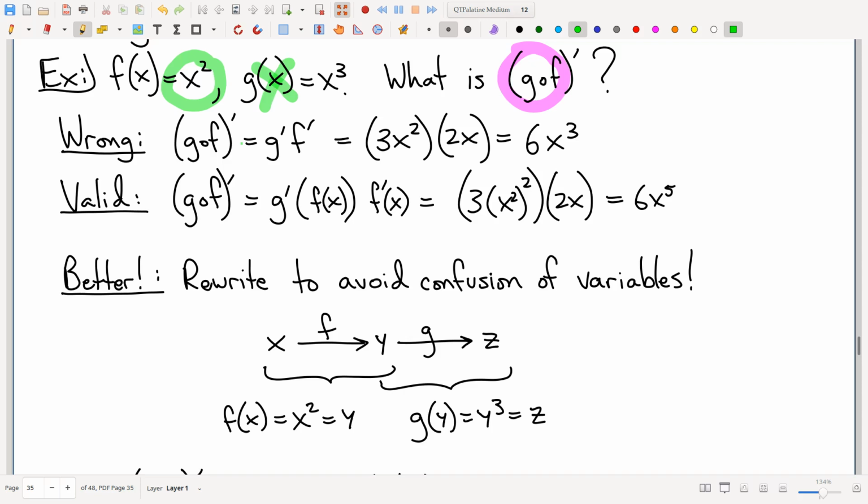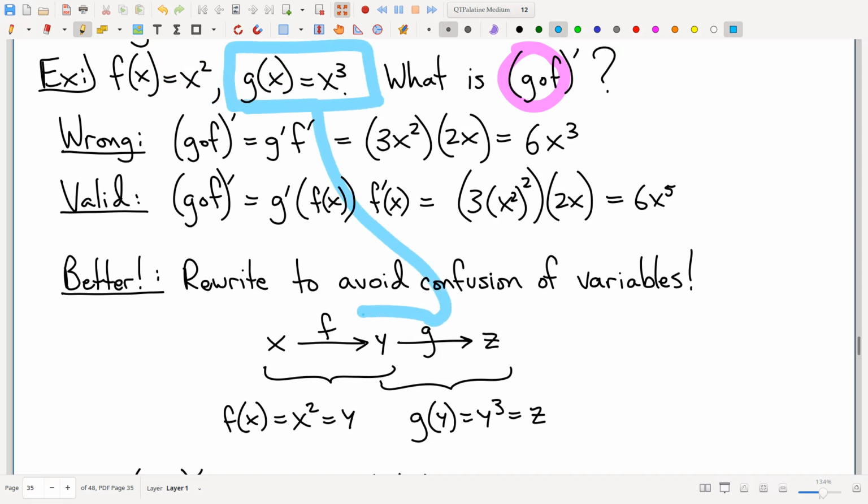The thing that goes into g has got to be called something else, because whatever it is, it's going to be x squared. Can't call it x. And so this is easily dealt with. No problem. Just take your formula for the second function, realize that I should call its input something else, and rewrite that function accordingly.